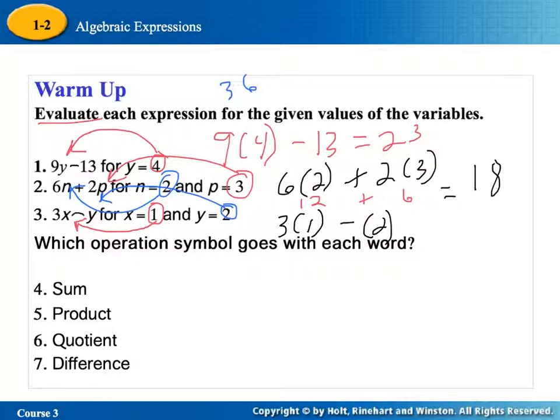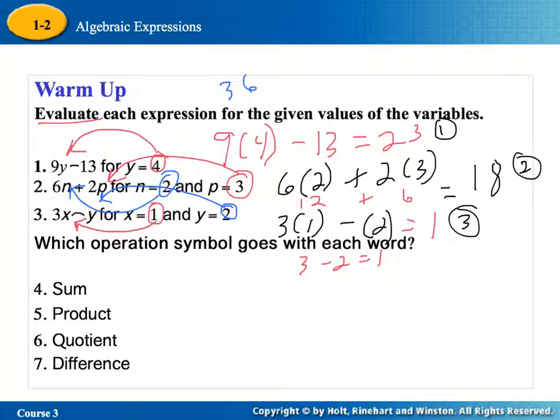When I take 3 times 1, that is 3. So I have 3 minus 2, and my answer is 1. So again, answer to number 1 is 23, number 2 is 18, and number 3 is 1.